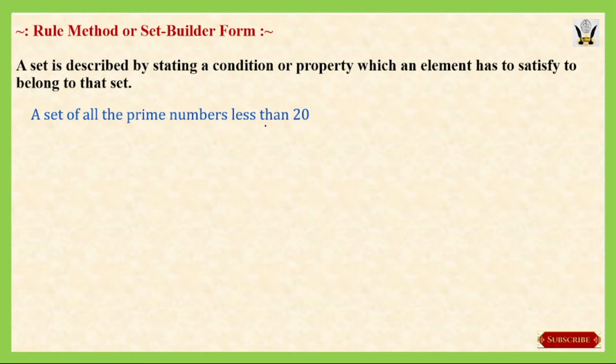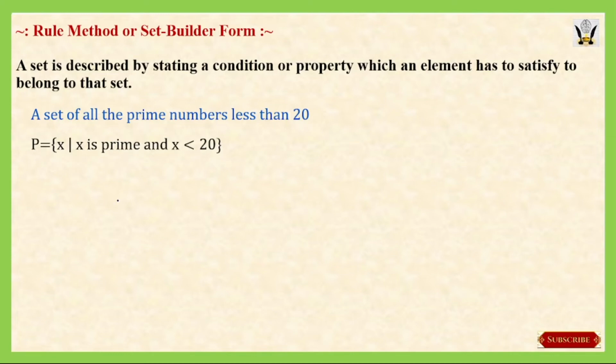So we have two conditions, and when we represent that set using the rule method or set builder form, P will represent that set. It is represented by a capital letter, then that is equal to, within curly braces, small x represents the element, and this element is a prime number and it is less than 20.